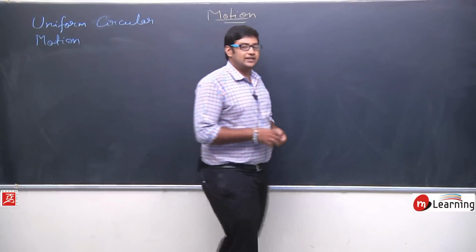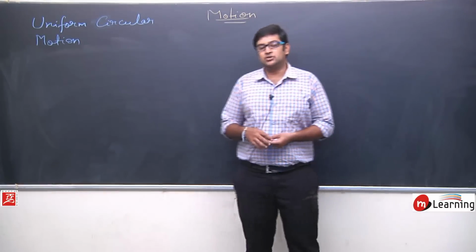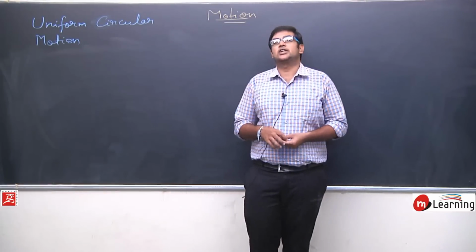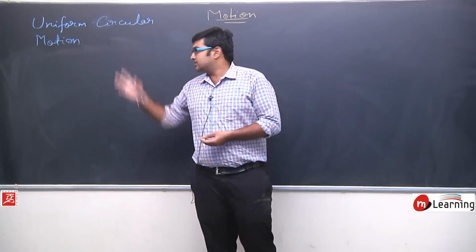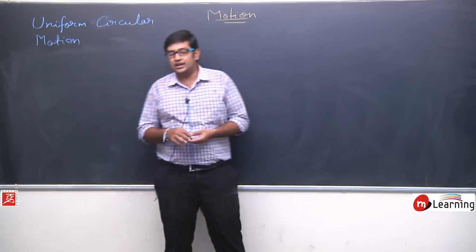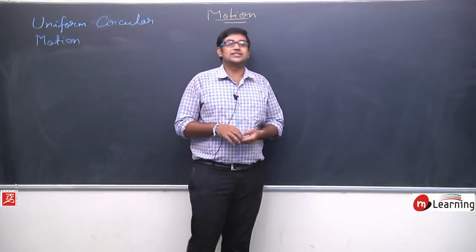So as we defined, circular motion means an object traveling along a circular path, and uniform circular motion means the object traveling along a circular path with constant speed.